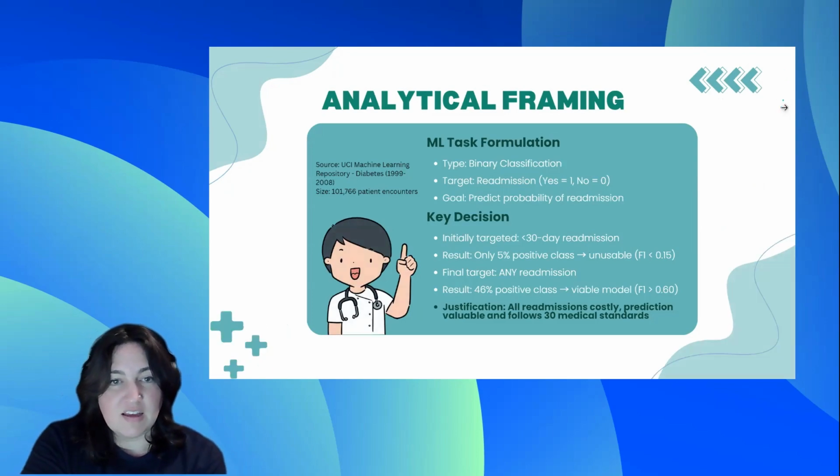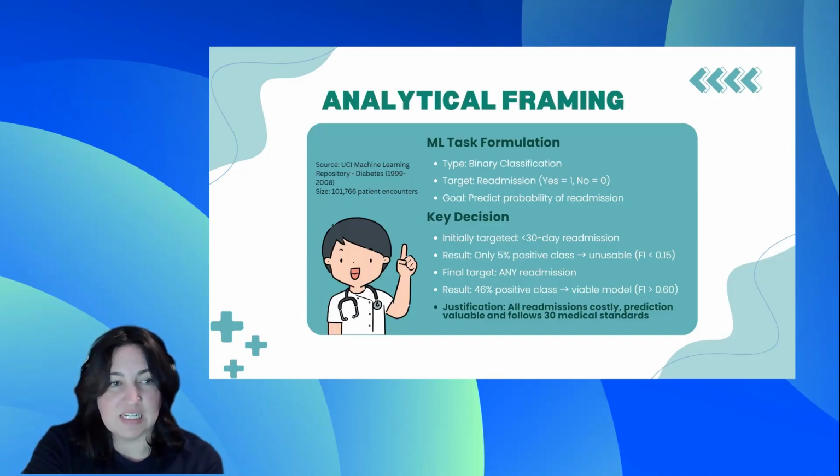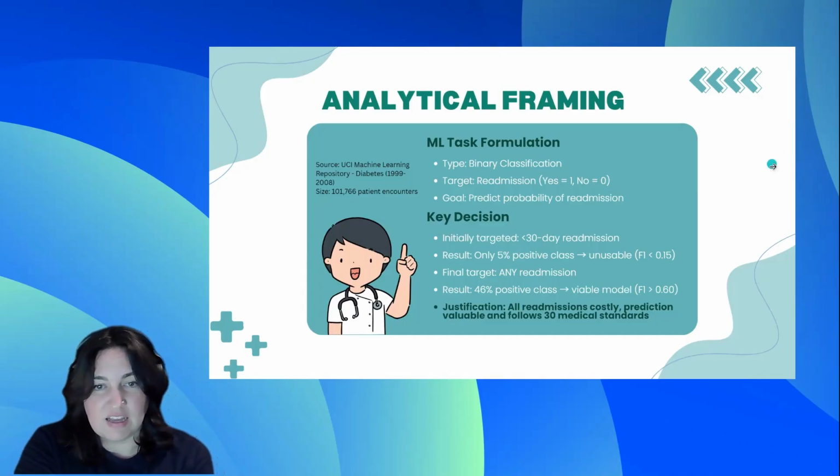So for this task, I decided to target readmission as a binary classification, and I used the UCI machine learning repository diabetes data from 1999 to 2008. This had over 100,000 rows in it. Originally, I targeted just a 30-day readmission. However, this was not a usable score with this particular data set.